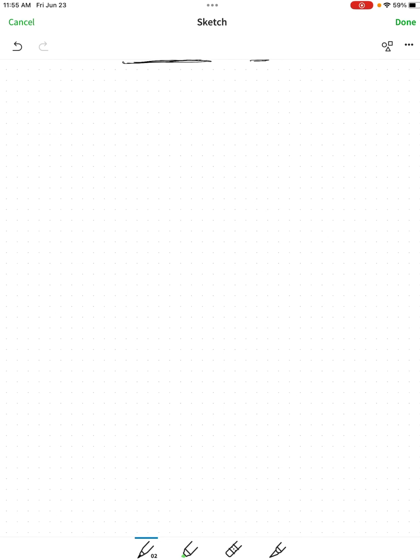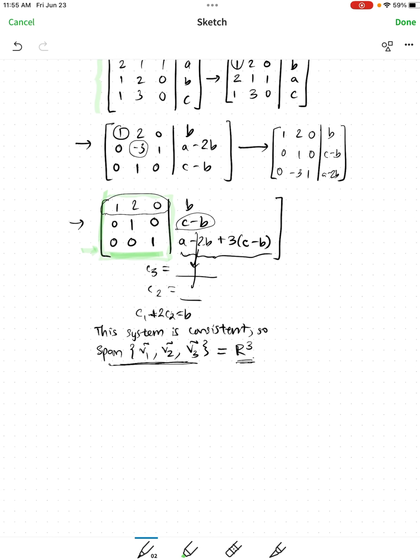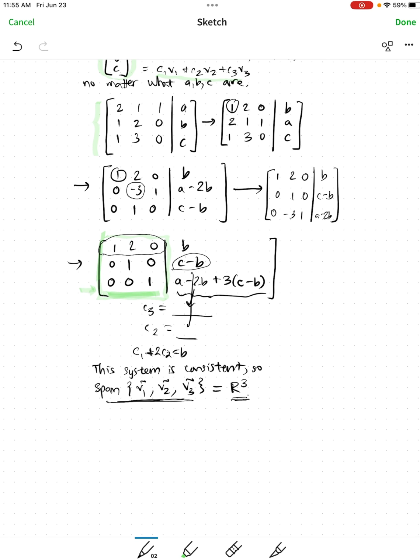Okay, and maybe before we go on, let's just notice this. If you think about it, did we really have to solve the whole system? Well, kind of, but you didn't actually have to solve for C1, C2 and C3 all the way. Once you got this coefficient part of the matrix, that already told you that those three vectors span R3.